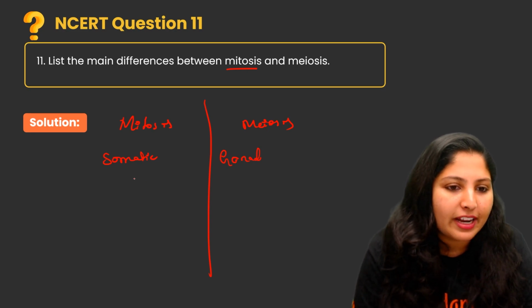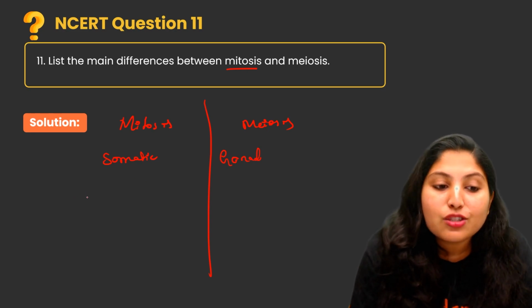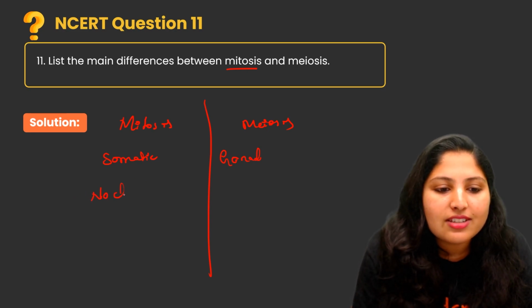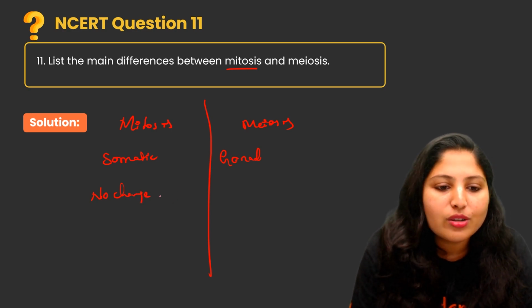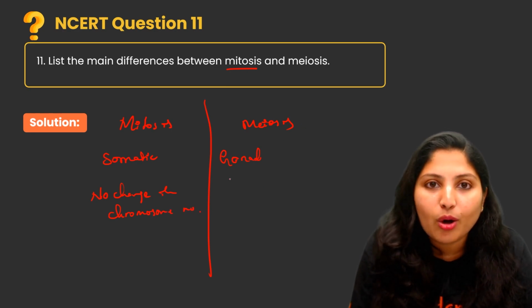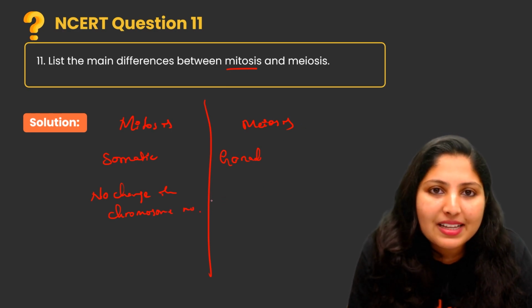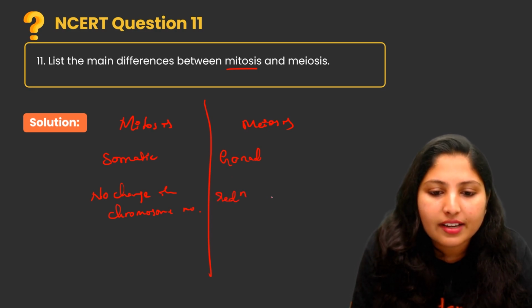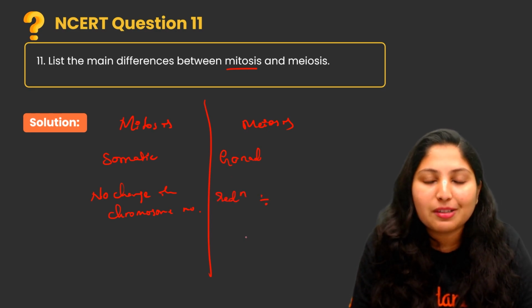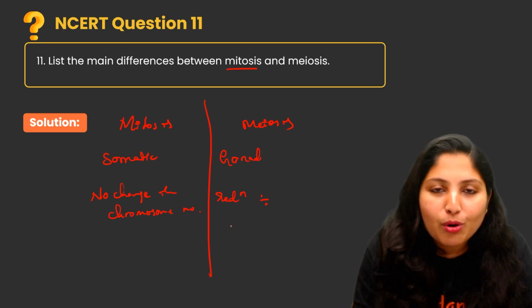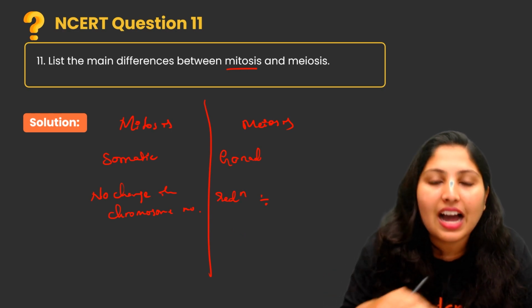Next one. In mitosis, there is no change in chromosome number. But in meiosis, what happens? Reductional division. That means the number of chromosomes in the daughter cell is half.